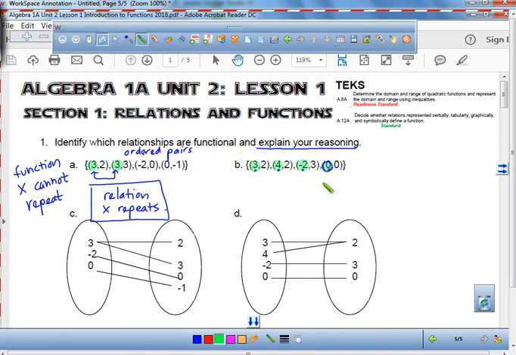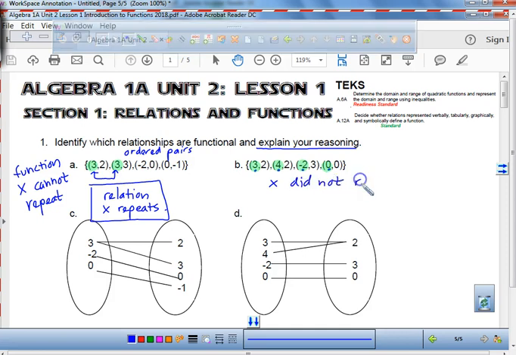Are all the inputs different? Since all the inputs are different, we're going to write that x did not repeat. So since x did not repeat, this is considered to be a function. Each x value, each independent value, had one dependent value.